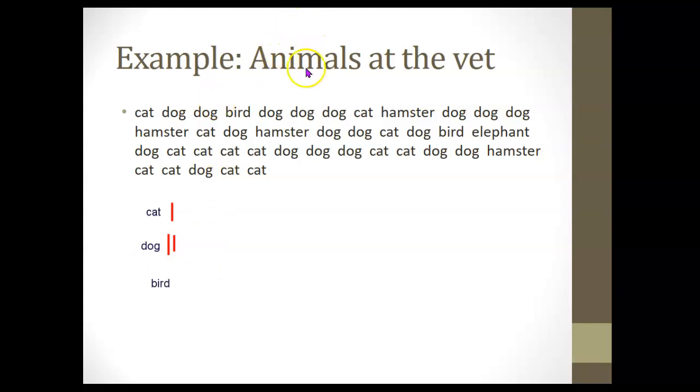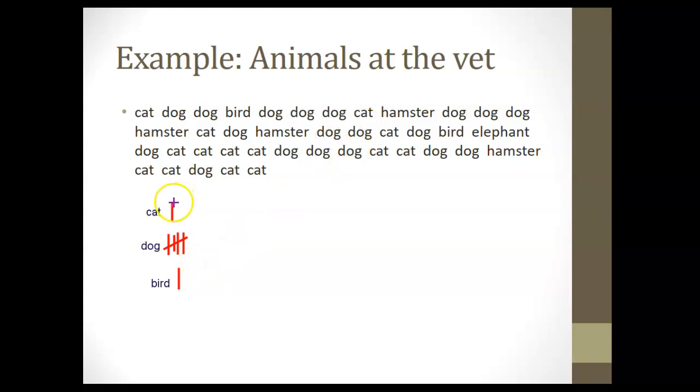So make a mark for that. Next we have another dog, and then another dog, and then another dog. So far that's 5 dogs.